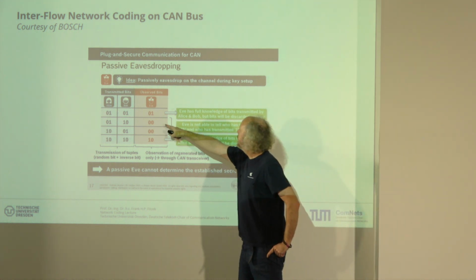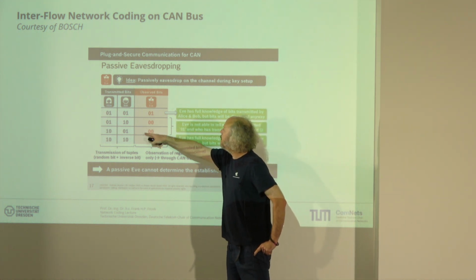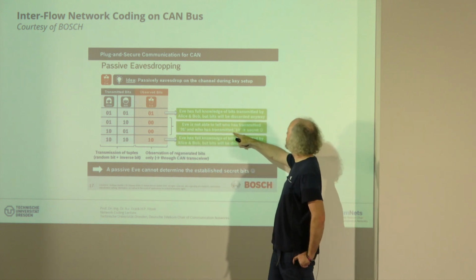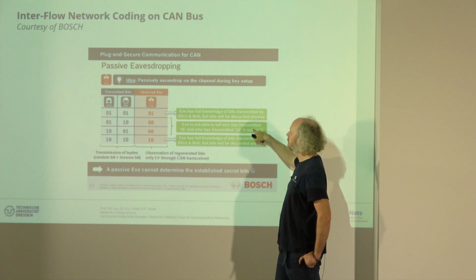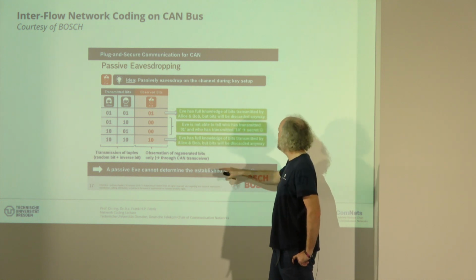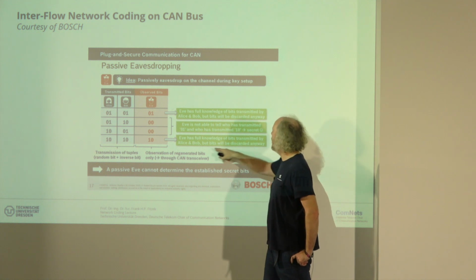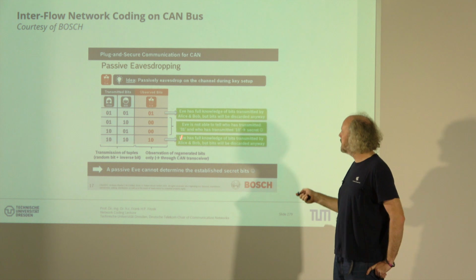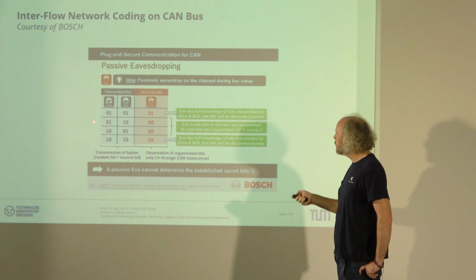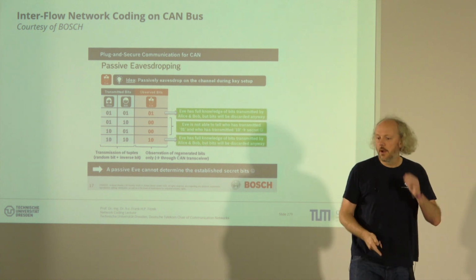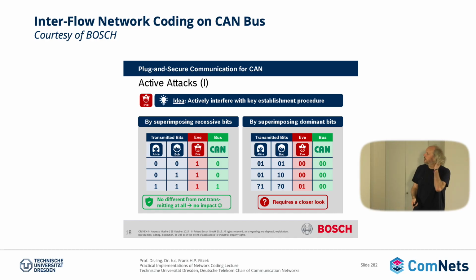In this case, he cannot see what happens. Eve is not able to tell who has transmitted 01 and who has transmitted 10. Here's the secret, right? And here, Eve has full knowledge of bits transmitted by Alice and Bob, but bits will be discarded anyway. This is interesting to understand where the secret comes from. It's in this phase where we null out the signal for Eve, right?